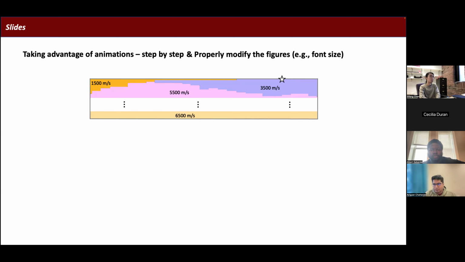Also try to properly modify the figures, like the font size, to make the figures more readable. So here is an example from some previous slides, where I'm trying to introduce people to the seismic phases that I'm interested in in my work.